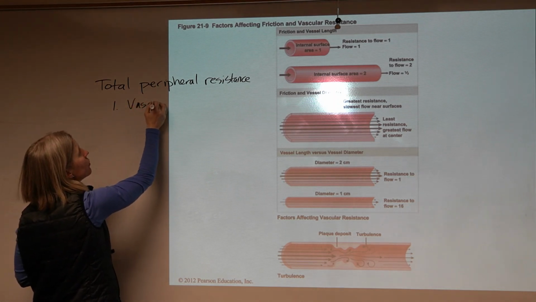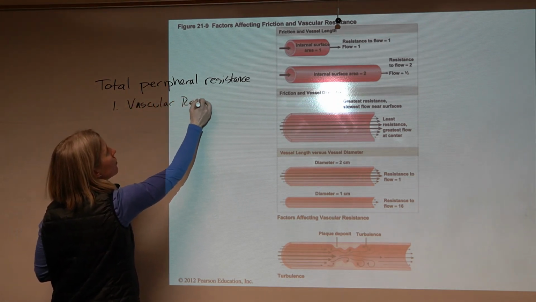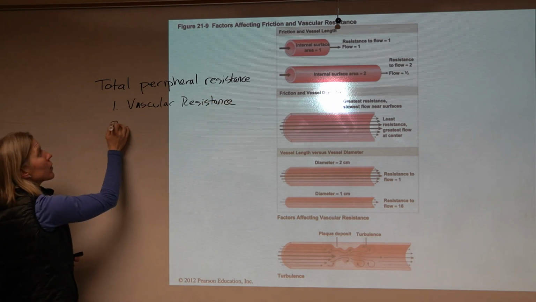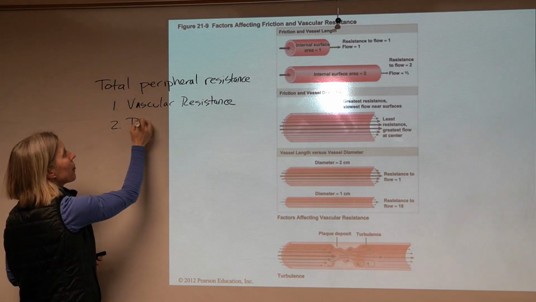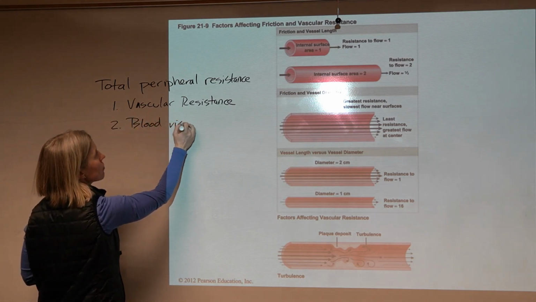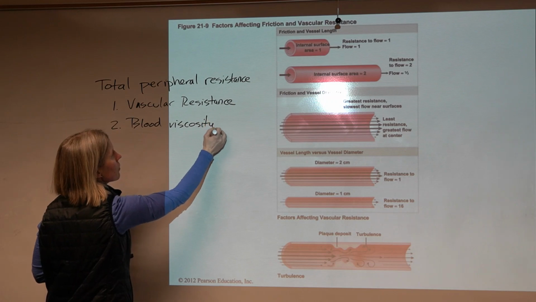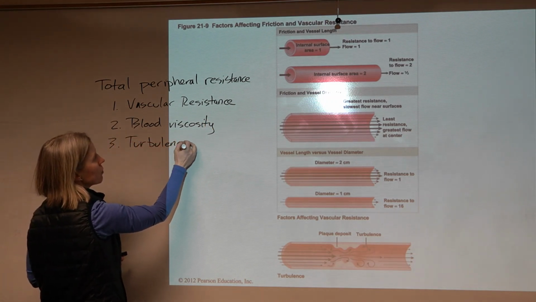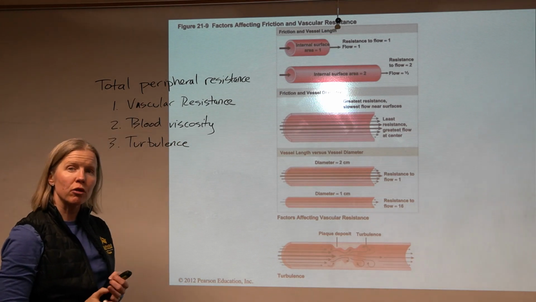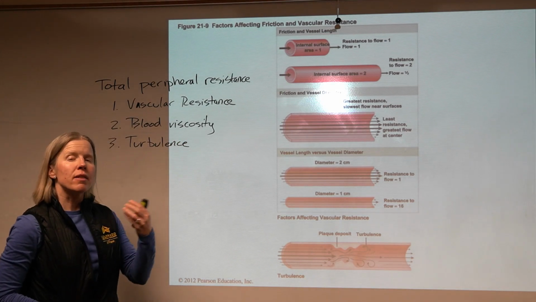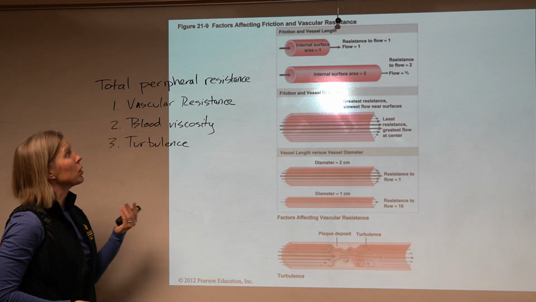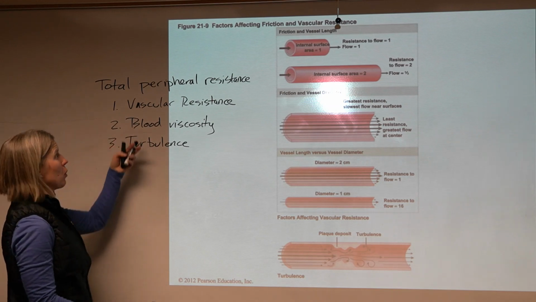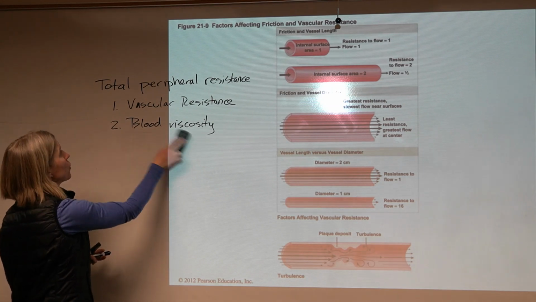Vascular resistance, blood viscosity, and turbulence. Okay, again, total peripheral resistance, we're looking at the resistance that the heart is working against to get blood to flow. So most of what we're going to look at here is actually in vascular resistance, but we'll come back and talk about these other two as well.